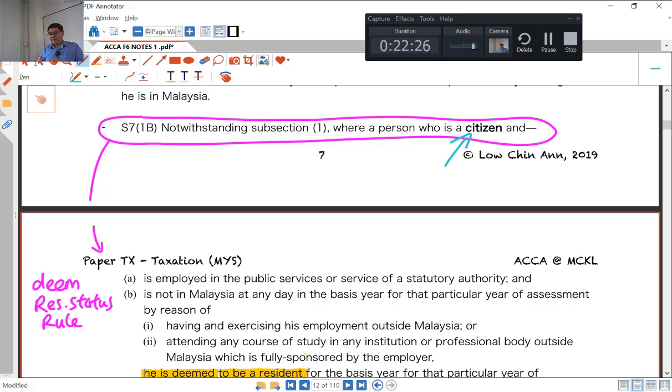Number two, you must be employed in public service or in a statutory authority.